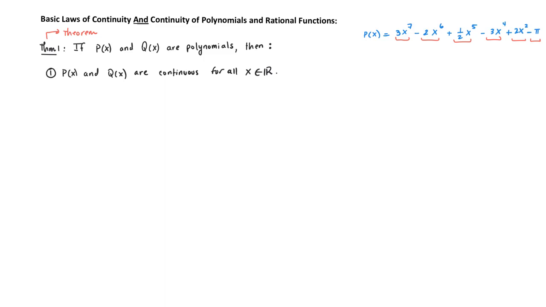Now, number two, rational functions. If you remember, rational functions are built by creating a quotient of a polynomial over a polynomial. So whenever you have a polynomial divided by a polynomial, you have created a rational function.